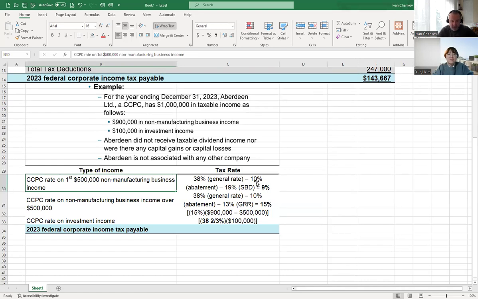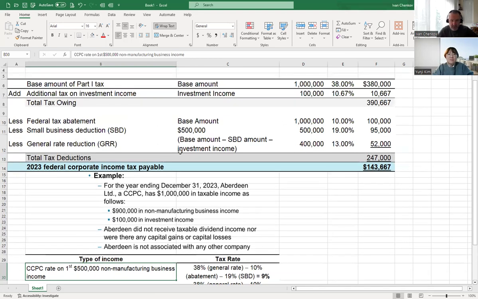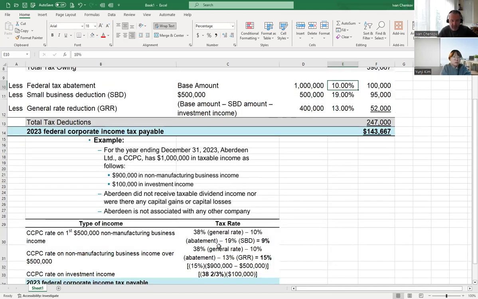Then we're going to deduct the abatement. What was that abatement? 10% federal tax abatement on the base amount, 10%. We're going to deduct that 10%. Then we're going to deduct the 90% of the small business deduction, and we're going to come up with the 9%.